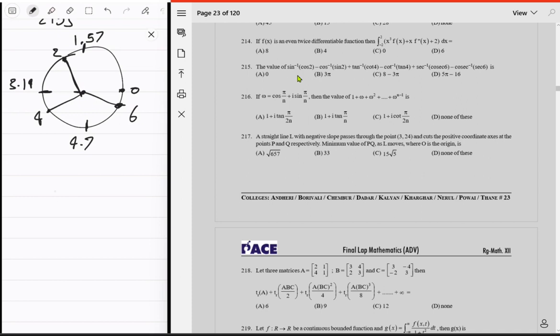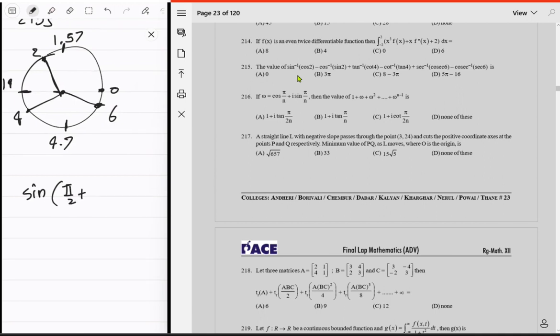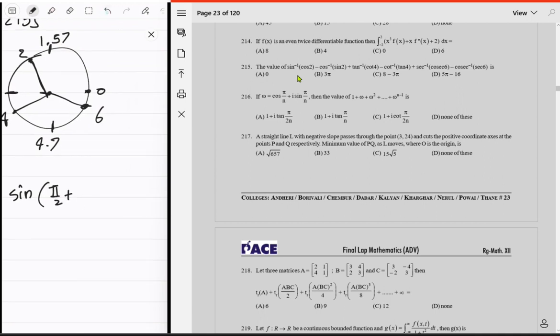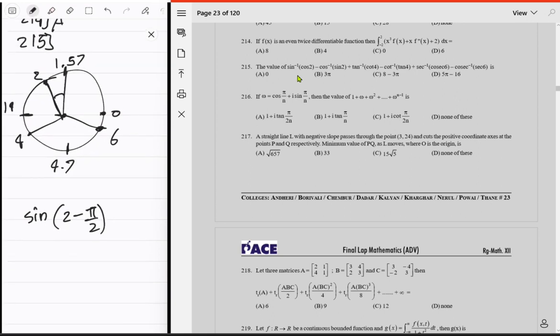So this can be written as what? Cosine of 2 is the same thing as sine of pi upon 2 plus whatever the remaining angle is, which is, I'm just going to say it's 2. Wait, I guess 2 minus pi upon 2 is better to use. So 2 minus pi upon 2, the sine of this angle, which is this thing, and then cosine.